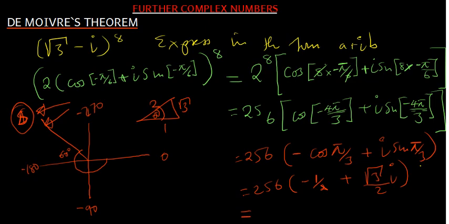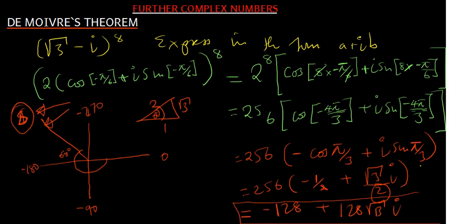So if we do multiply negative 1 over 2 times 256, that will give us negative 128, and then 2 into 256 is 128, but we have got a root 3 there and an I, so we have written it in the wanted form, in the form a plus ib, where our a is negative 128 and then our b is 128 root 3. So that is the answer for that one.